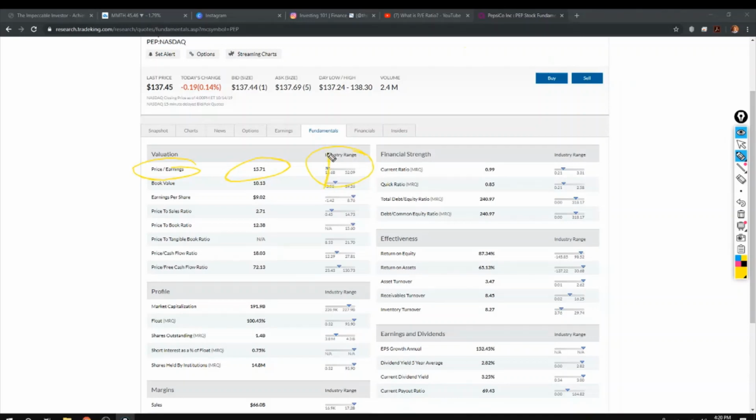So when you're evaluating a stock purely on the P/E ratio, you're going to see that price to earnings can vary. As we all know, Coca-Cola is a great stock, but PepsiCo, based on the P/E ratio, is showing that it is a better value. You can get more earnings for the amount that you are paying. It shows it in multiple places. Not only do we see it with a 15.71, but it's also on the lower portion of the industry average.